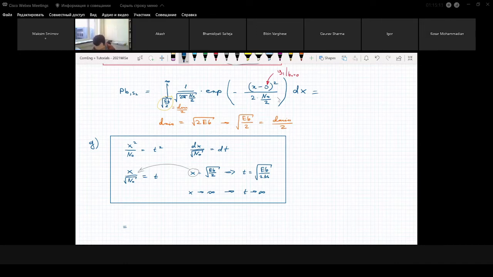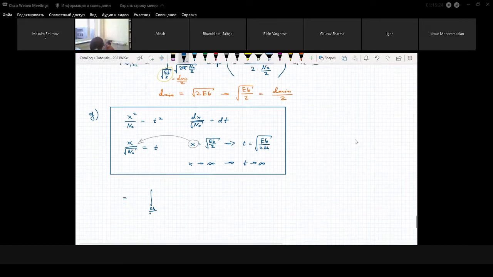We have the integral from square root of EB over 2 N naught to plus infinity. Then I have 1 over square root of pi N naught times the exponential function of minus t squared.